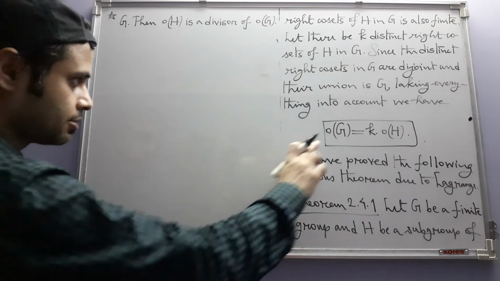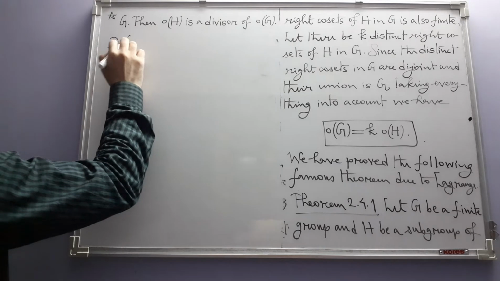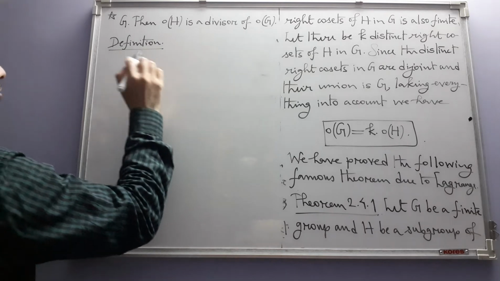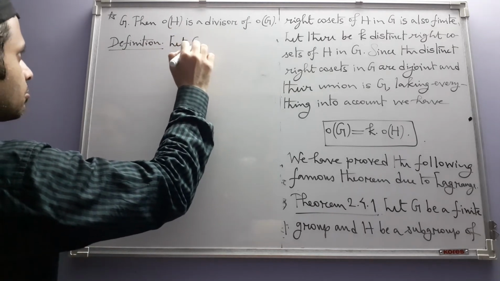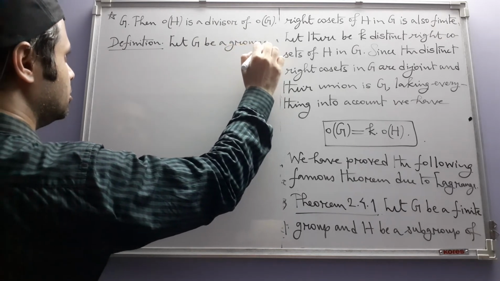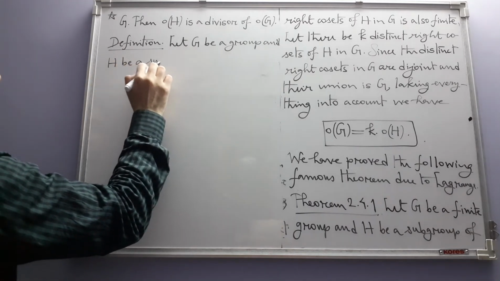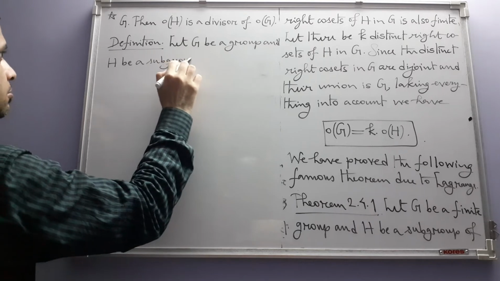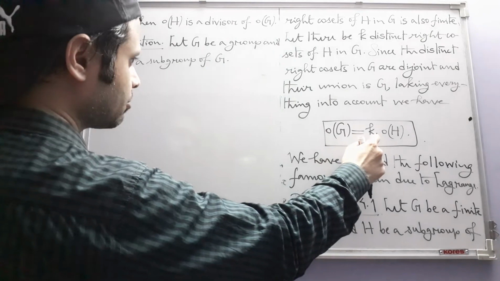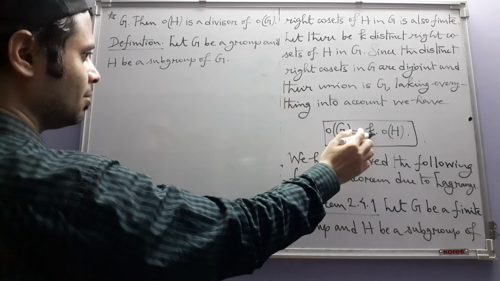And this equation prompts a definition. Let G be a group and H be a subgroup of G. We are going to name this number K something. Remember what this K was.